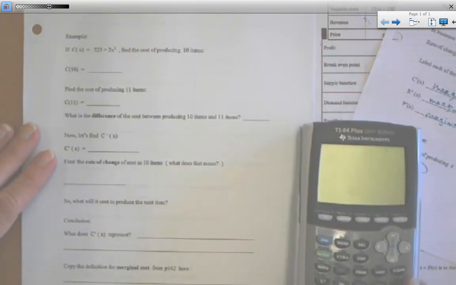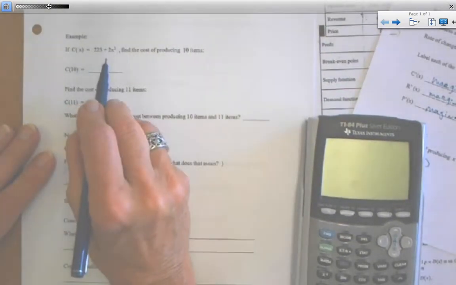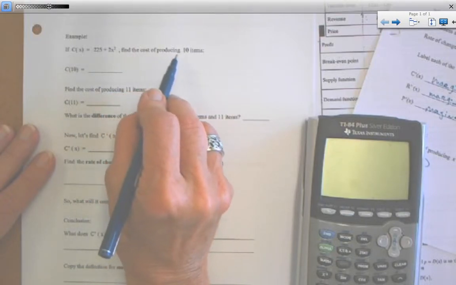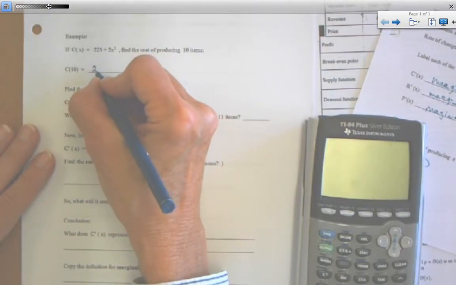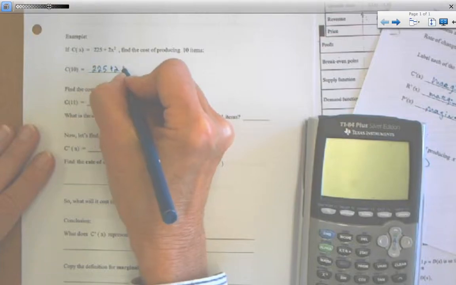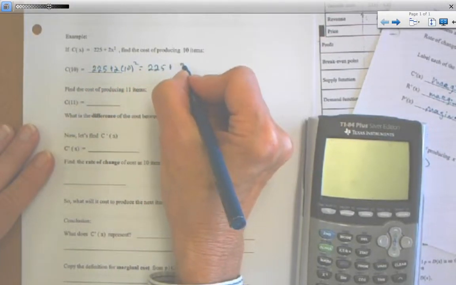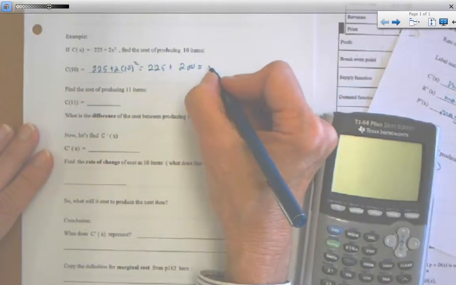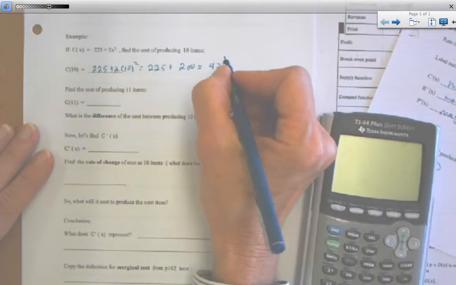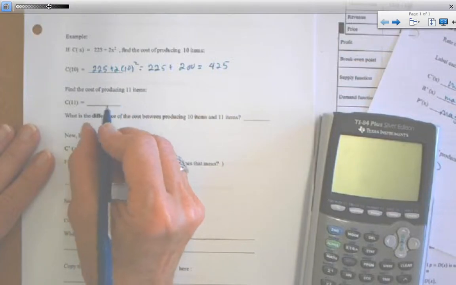All right. If C of x equals 225 plus 2x squared, find the cost of producing 10 items. So you're going to plug that into your calculator, or you can go ahead and just do it in your head. And we know that's going to be 425. Find the cost of producing 11 items.